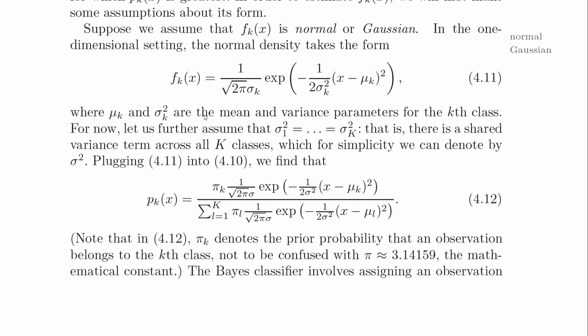Meaning now to estimate the probability that an observation is in class K given a specific characteristic, for example, age, now all we need to know is sigma, and for each class, mu k.